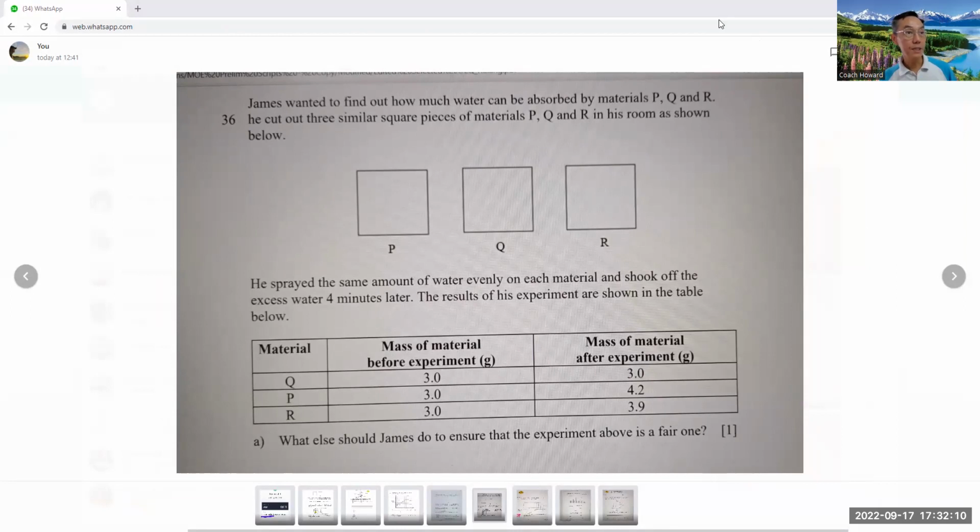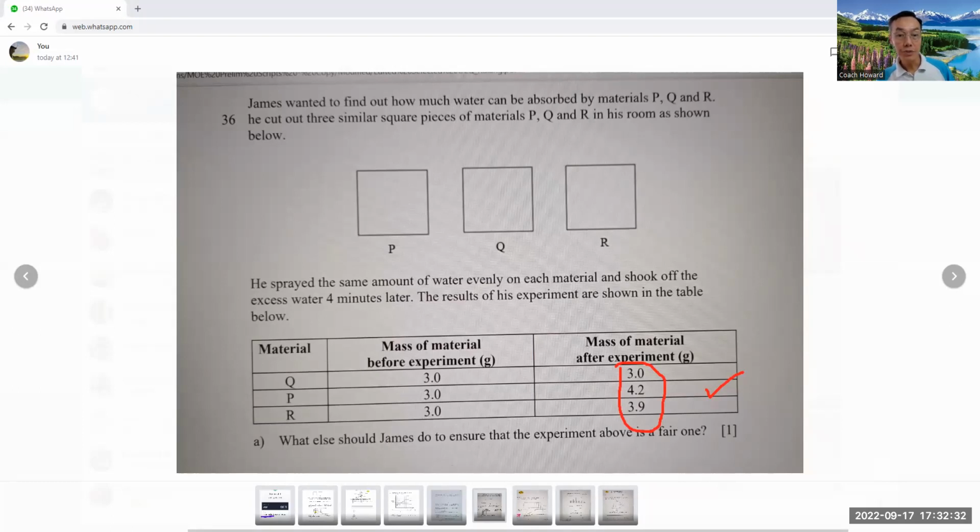So you can see here on the screen share, the amount of mass, you see which one has increased the most. Can you see P, right? P has increased the most from 3 to 4.2. So you take note of this. I sent you the chart already.